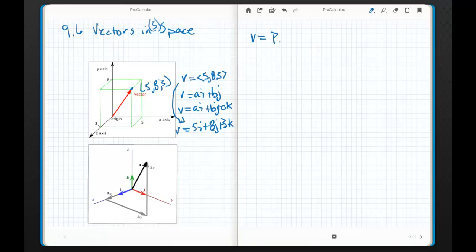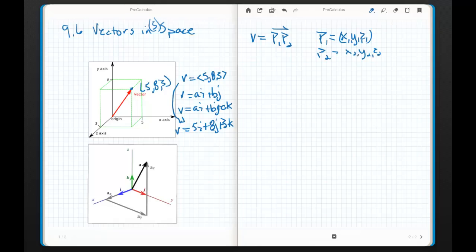So, for example, if I want to write the vector that goes from point 1 to point 2, remember how we had this kind of crazy notation? Let's say that point 1 could be written as (x1, y1, z1), and point 2 is equal to (x2, y2, z2).